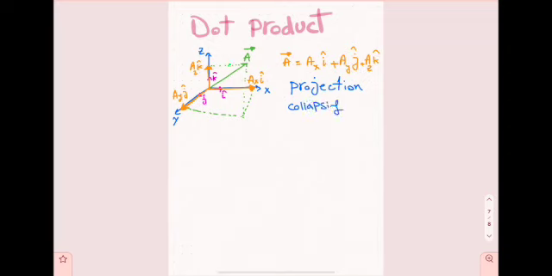So what happens if we collapse the vector A on the other vectors, or in this case, the axis? In fact, we could ask, if I have an arbitrary vector, what would be the value of the projection of this vector on a certain axis? So then we are looking for this Ax value, for example.